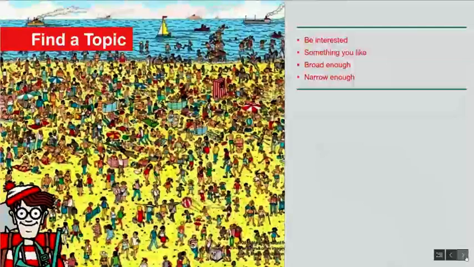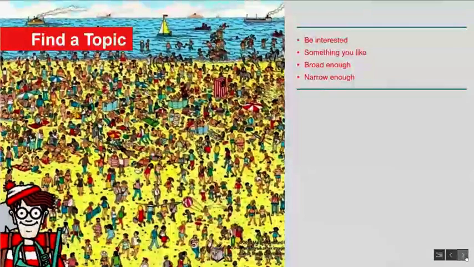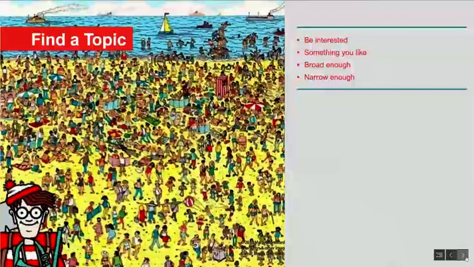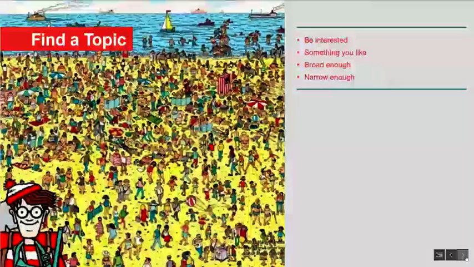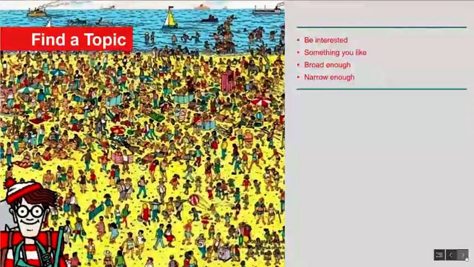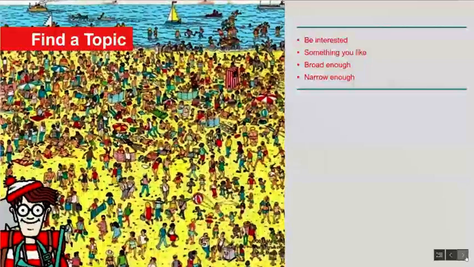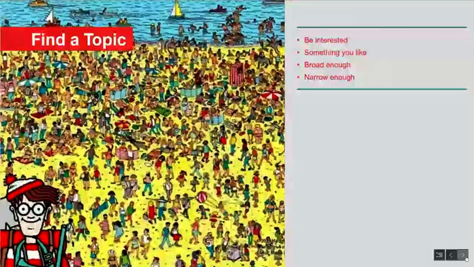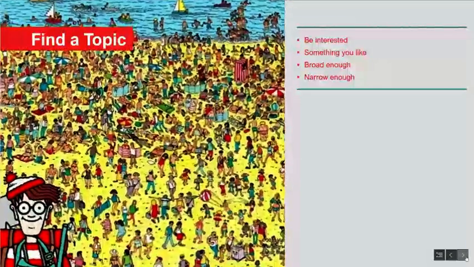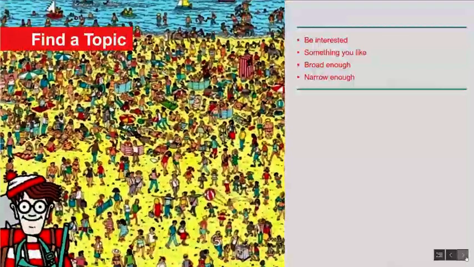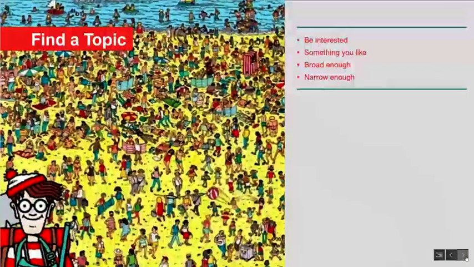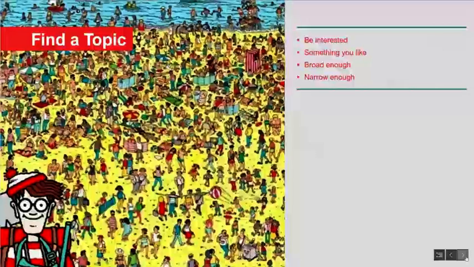Your topic should be broad enough to be able to write what you need to write on it. So you need to be specific in what you are doing, but it also needs to be narrow enough that it's not going to be super long for any sort of reason. So broad enough would be talking about an ant.